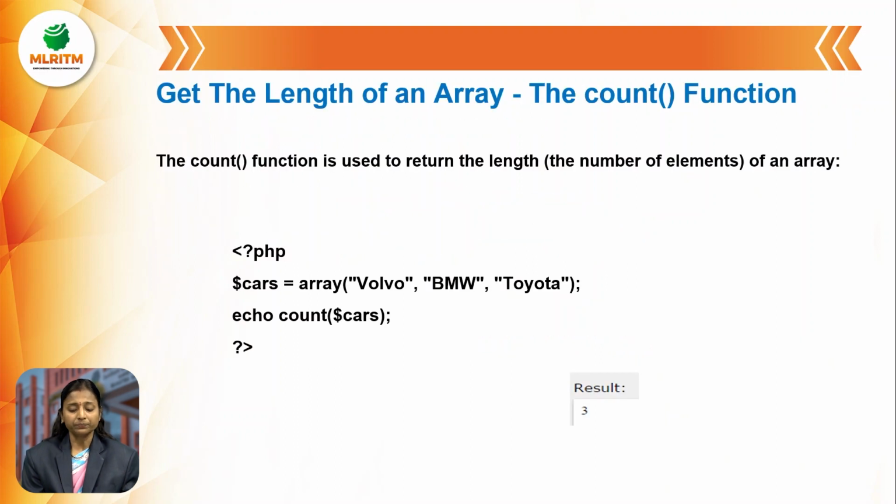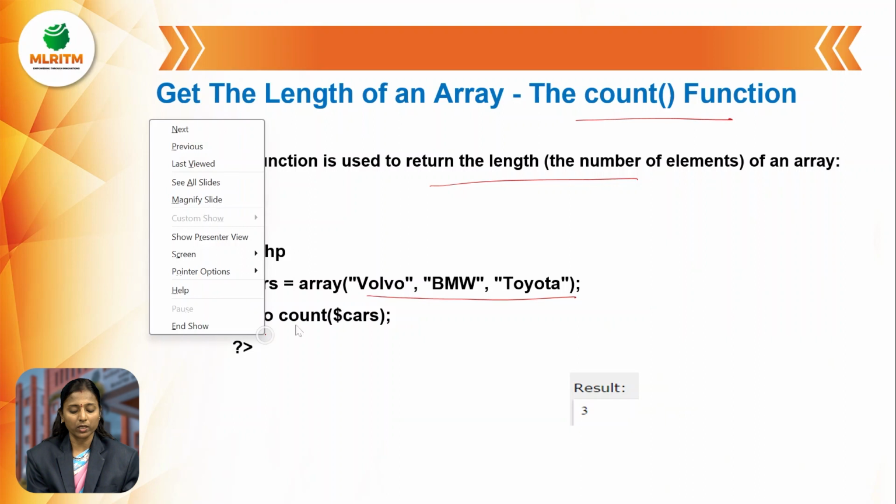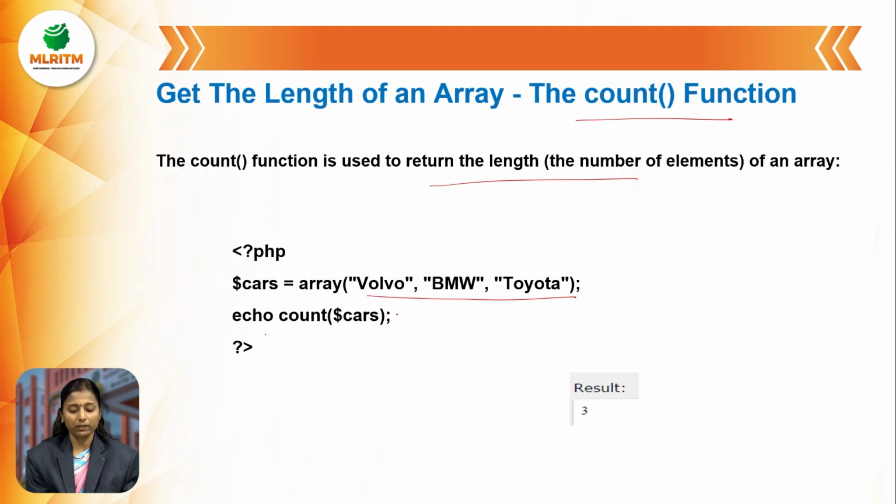The next is how to get the length of an array by using this count function. How will the count function be used? It is used to return the length of an array. Here $cars is equal to array, we have written the car names. Echo count($cars). Here what is the output? The count value will be 3.